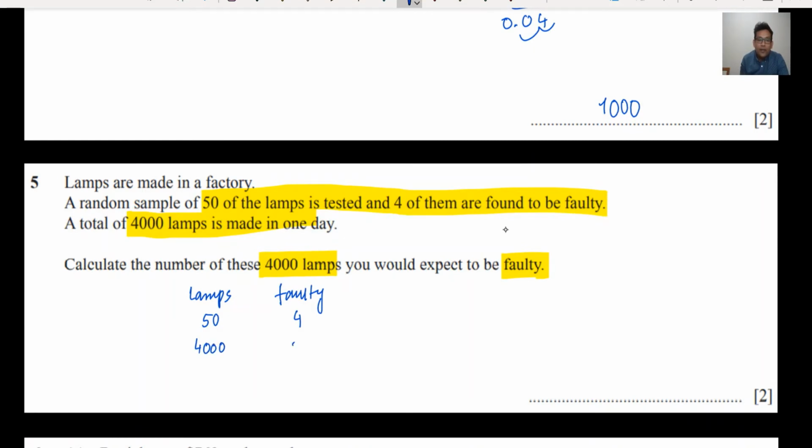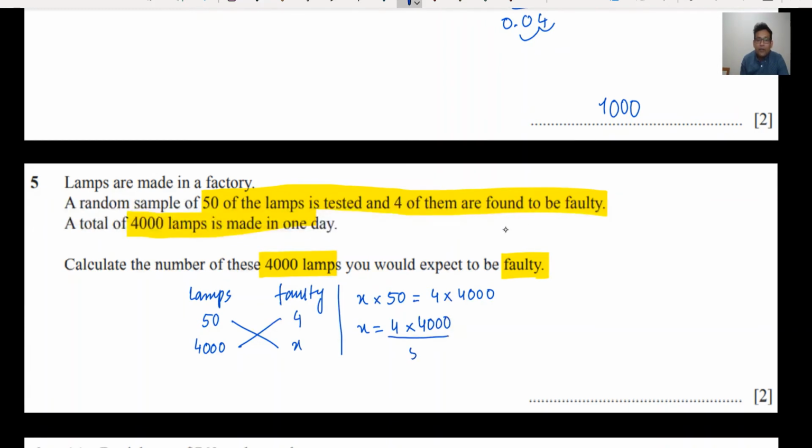So we just write x and cross multiply like this, and you will get the answer. So x is equal to 4 multiplied by 4000 divided by 50. I'm using the complete space, and this 50 will divide when I just do like this.